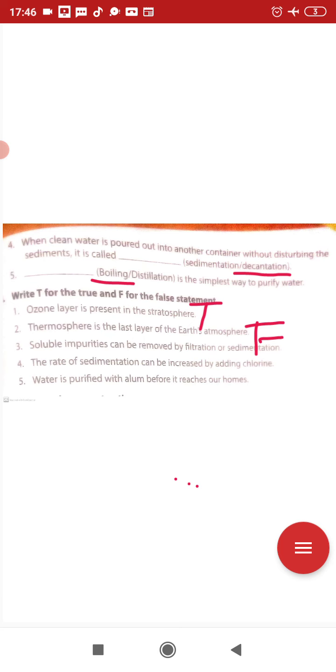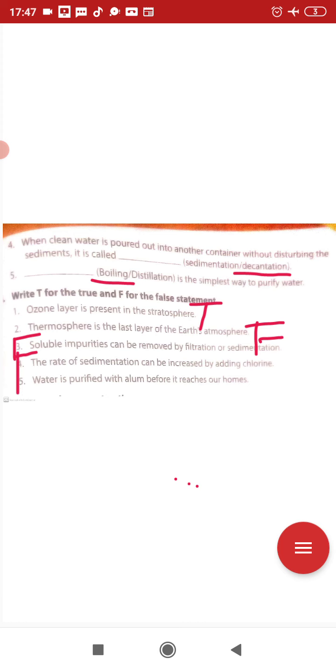You need to understand the meaning of the statement, otherwise your answer will be wrong. Soluble impurities can be removed by distillation, boiling, or evaporation, not by filtration or sedimentation. So this statement is false. Question number 3, false.